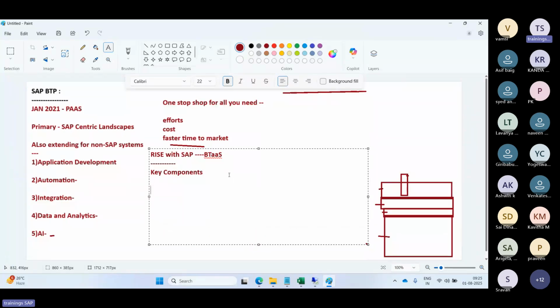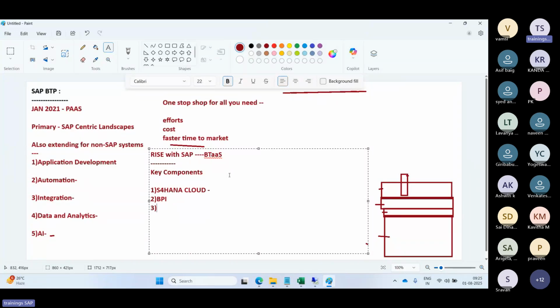If I talk about the key components here, we have the S/4HANA cloud, either public or private. And one more component is BPI, Business Process Intelligence, for analyzing and optimizing processes.